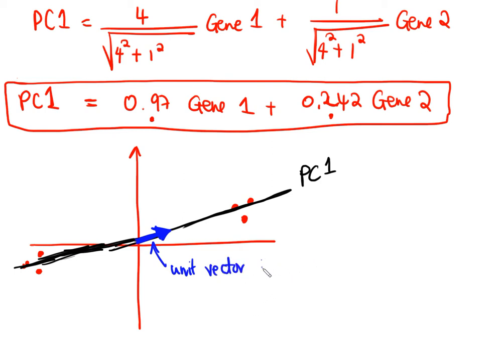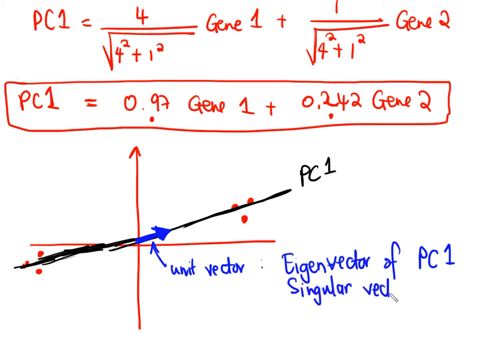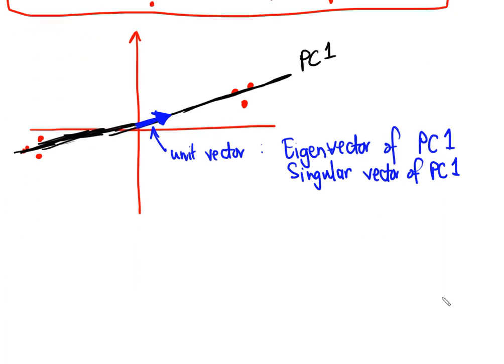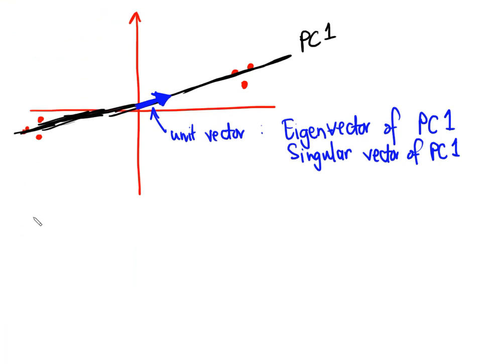So we've created a unit vector along that direction, and this unit vector has a special name. It is called the eigenvector of PC1, or the singular vector of PC1. And we have another term we can describe now, something called the eigenvalue of PC1.